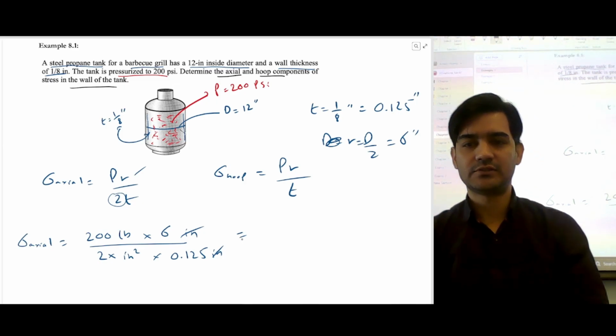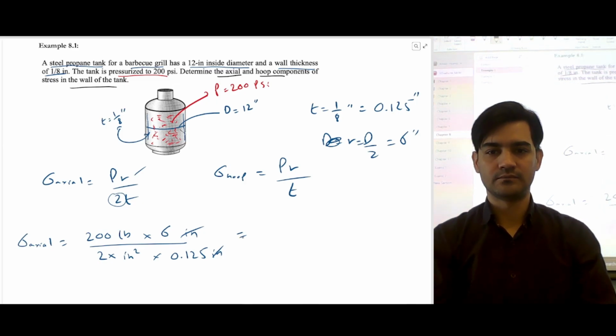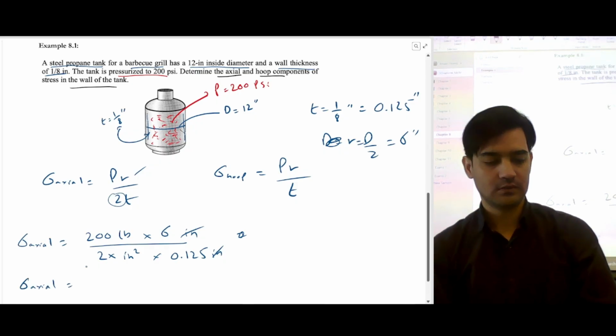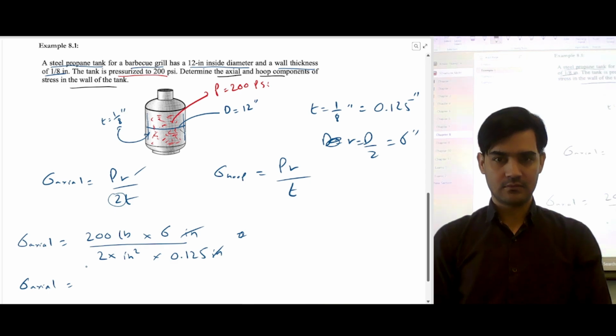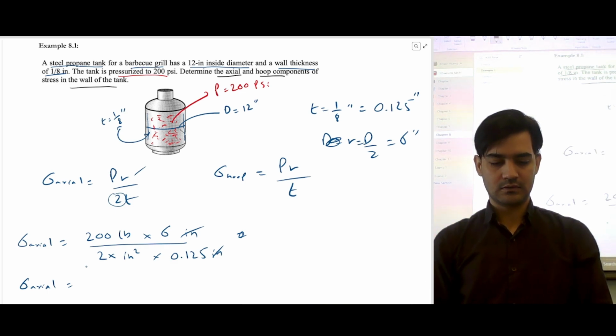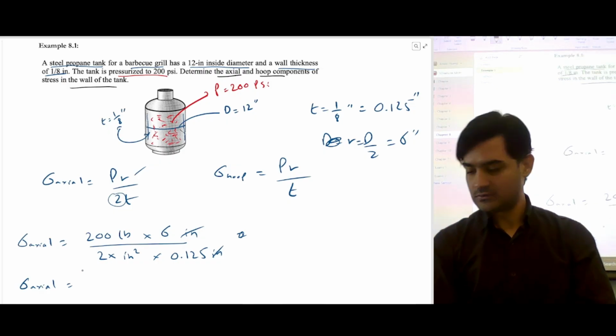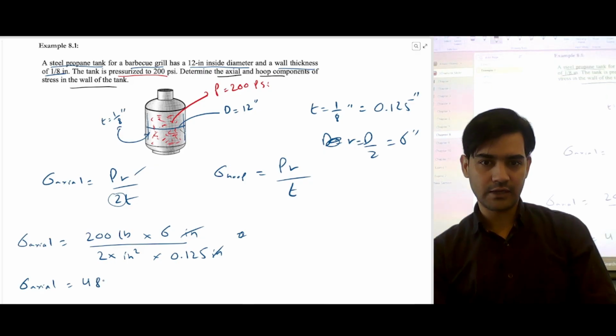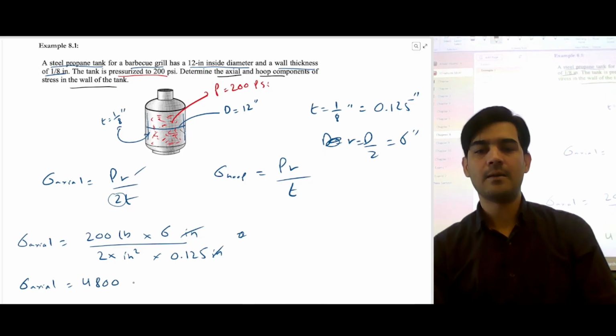So our axial stress is 4800 pounds per square inch, which is psi.